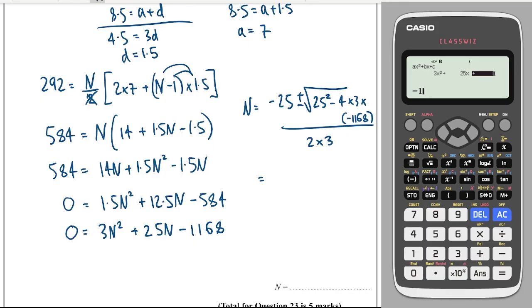Minus 1168 equals 16. Now the other one is most likely to be a negative, and it's not an integer, it has to be an integer, so 16 is my answer.